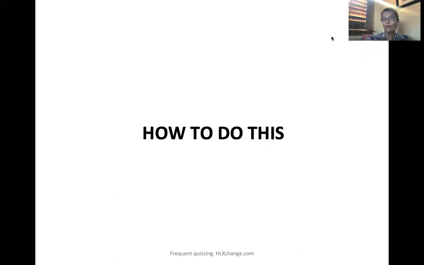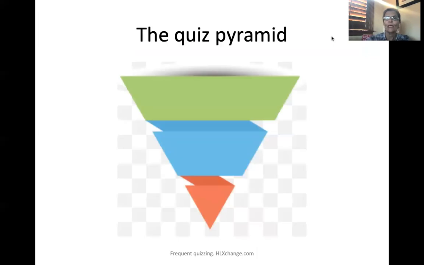So let's think about how to do this. And I'm going to introduce the concept of quiz pyramid, which I am basing on the concept of the exercise pyramid, which you might know involves starting out, if you're lifting weights, doing very few reps, and then moving through cycles where you increase the reps and maybe the weights, right?